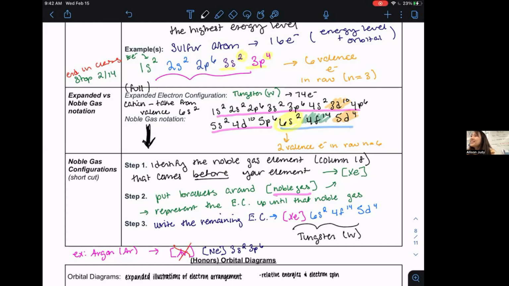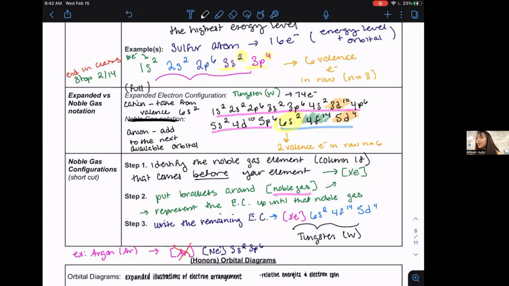But when you add, it's different. When you're an anion, okay? I'm just gonna cross this out for a second. When you're an anion and you gain electrons, you add to the next available orbital.